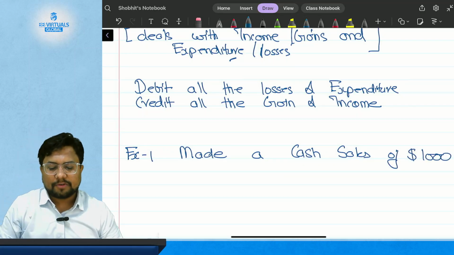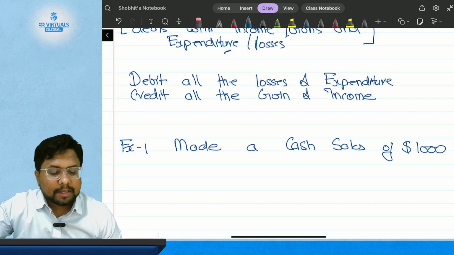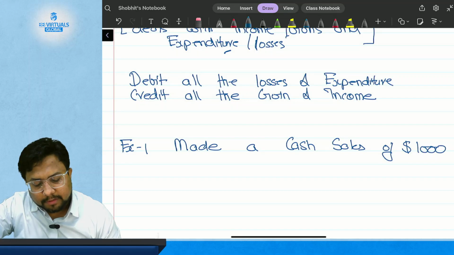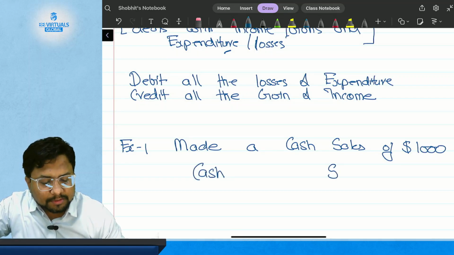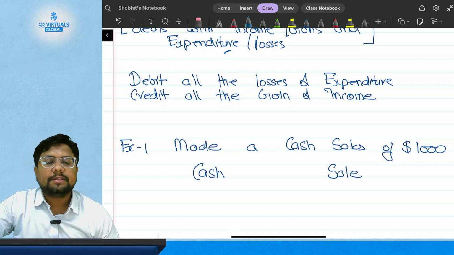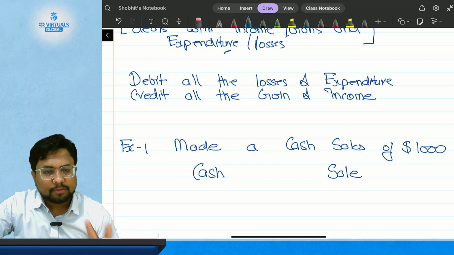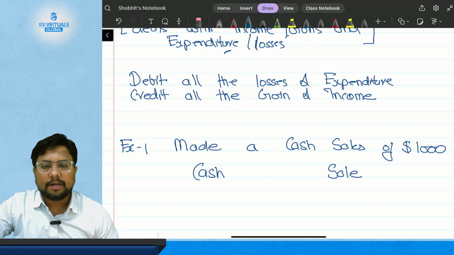So this is my first case where I have made a cash sales of dollar 1000. There are two elements in it. First one is cash and second one is sale. Because I have made the sale on cash, I have received cash, and I have made the sale.